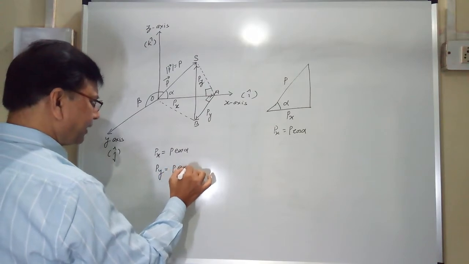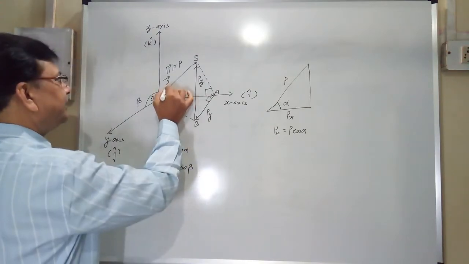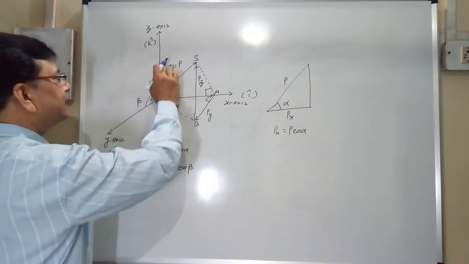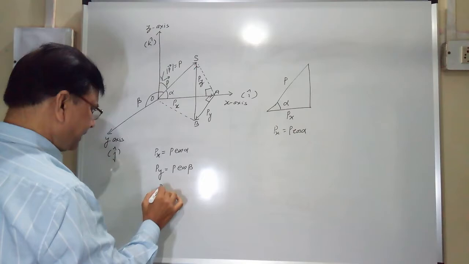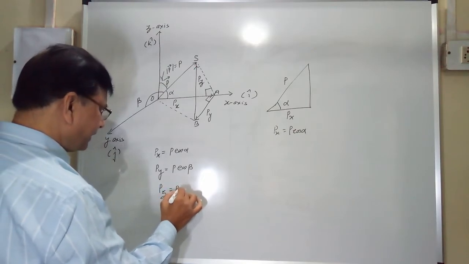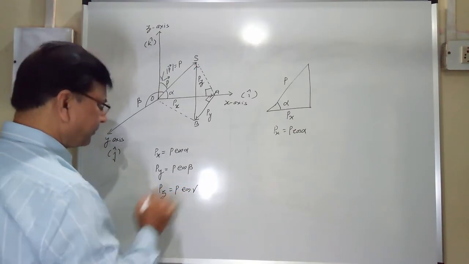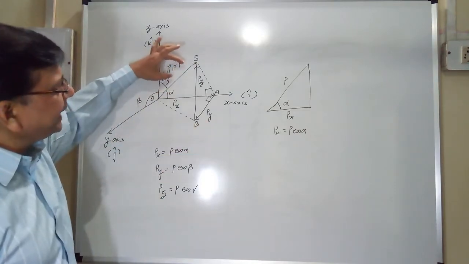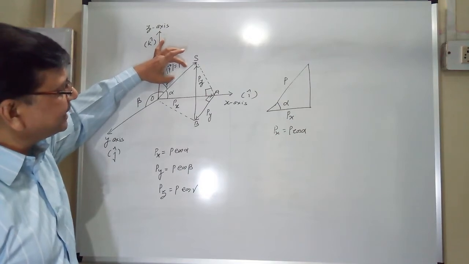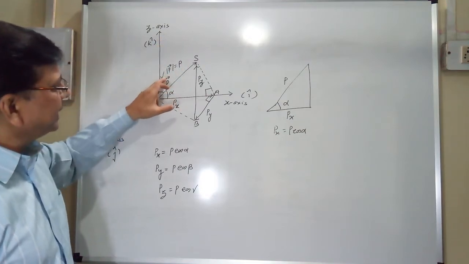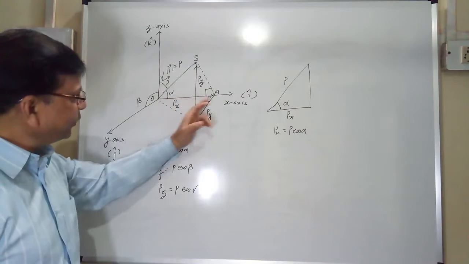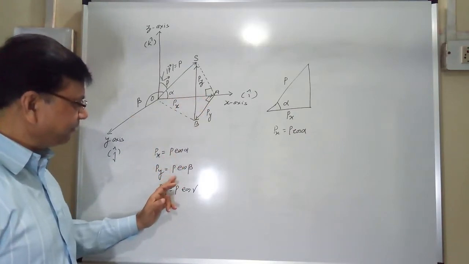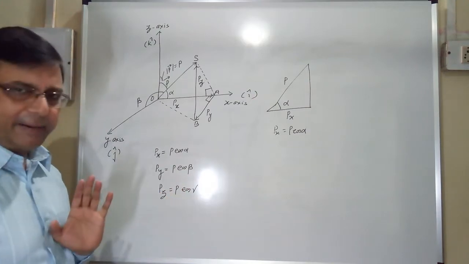p cos beta, and if it is making some angle over here, that is gamma angle with the z-axis, then pz is equal to p cos gamma. So along the axis, with reference to the magnitude of the position vector, if alpha, beta and gamma are known, then these components px, py, pz can be found, that is p cos alpha, p cos beta and p cos gamma.